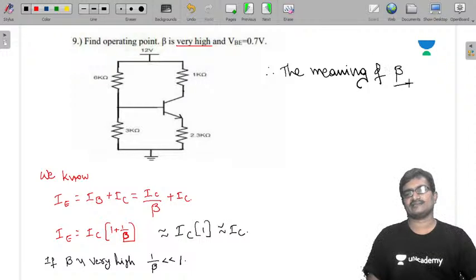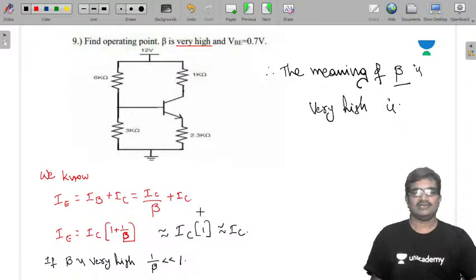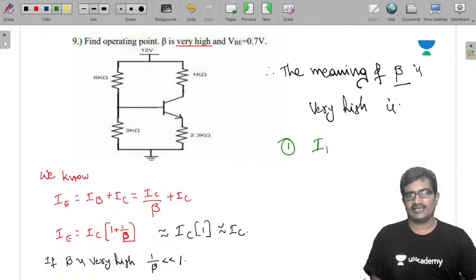So the meaning of beta is very high is: IE is approximately IC, which means IB is approximately 0.